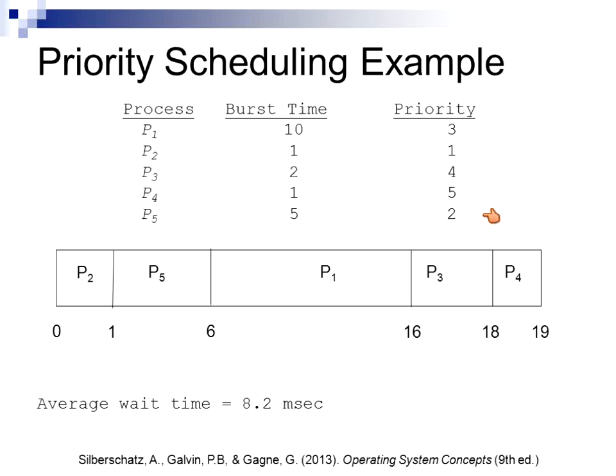So process 2 gets scheduled first, then process 5, then process 1, then process 3, and then process 4. They're just scheduled according to their priorities, and in this case, the average wait time for the processes would be 8.2 milliseconds.